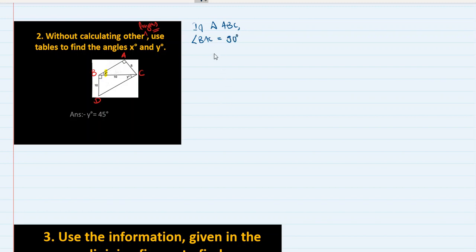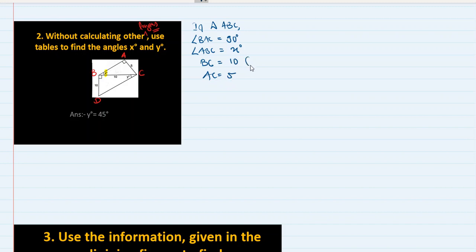Angle ABC is X, right? BC is 10 and AC is 5. We have to find the value of X.